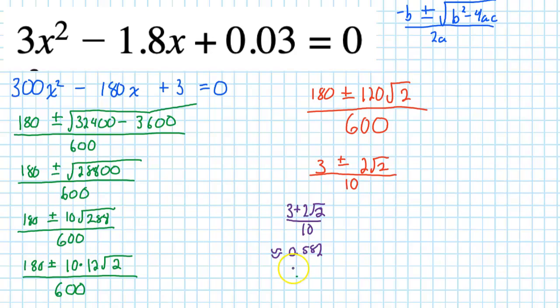So if I round to the nearest tenth, that'd be approximately 0.6, right? And then we've got 3 minus 2 root 2 over 10, which is approximately 0.017. So if I round to the nearest tenth, that actually rounds to 0. All right.